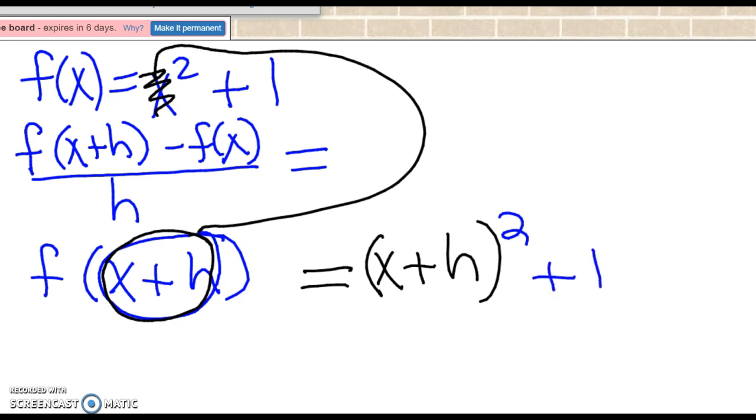So we have to remember something from our algebra classes, that we are squaring a binomial, so we have to FOIL. X plus h squared means that we are taking x plus h and multiplying it by itself.